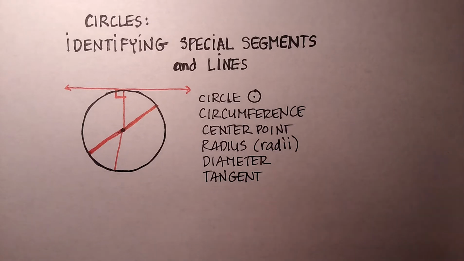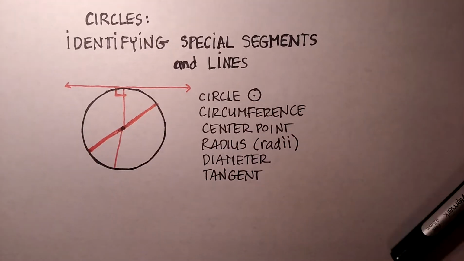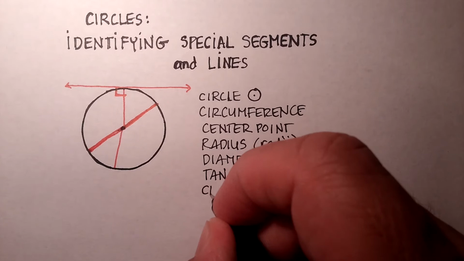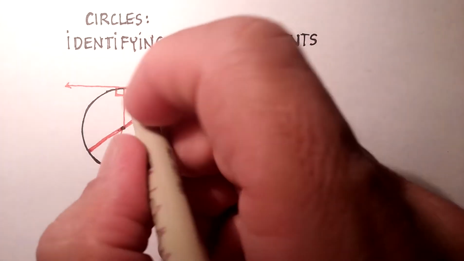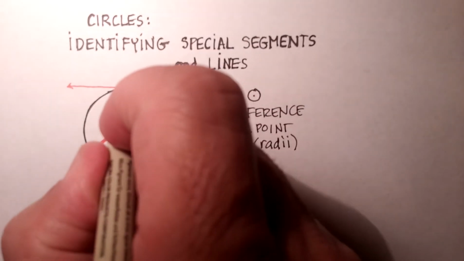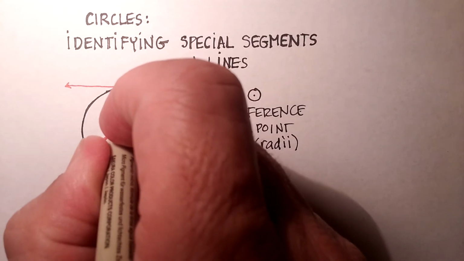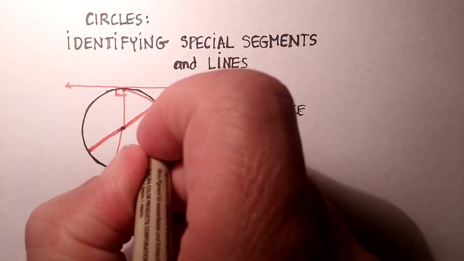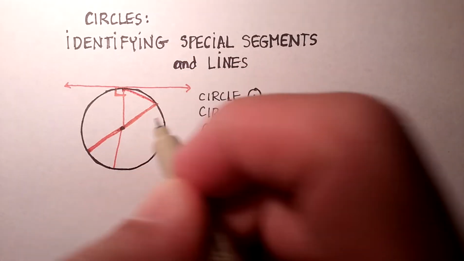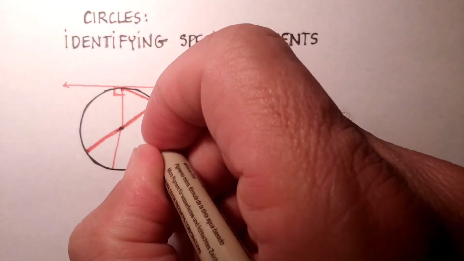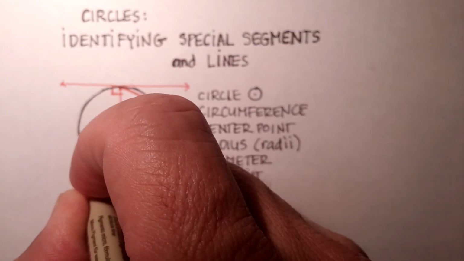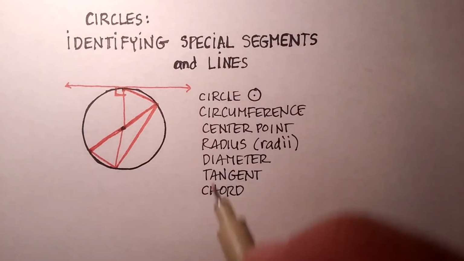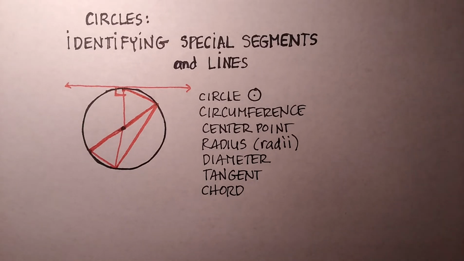A chord, C-H-O-R-D, is a line that connects two endpoints on the circle. So that would be like a chord. This would be a chord. This would be a chord, etc., etc., okay?